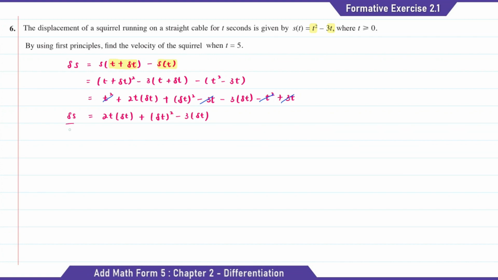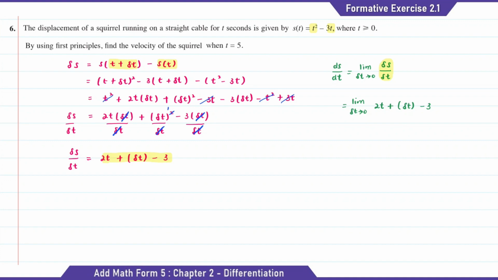Next, we're going to divide both sides by delta t. So here the delta t will be cancelled. So this is equal to 2t plus delta t minus 3. To find ds/dt, which is the velocity, we're going to substitute the delta s over delta t with this. As delta t approaches 0, substitute the delta t here with 0.